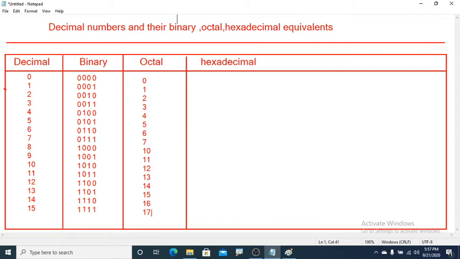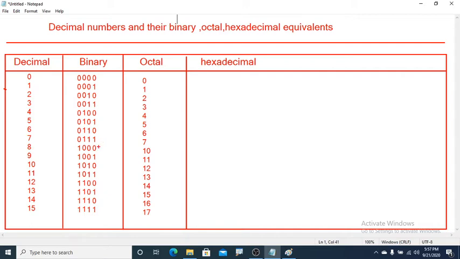So that means this 1000 is a binary number. This binary number's equivalent decimal number is 8.